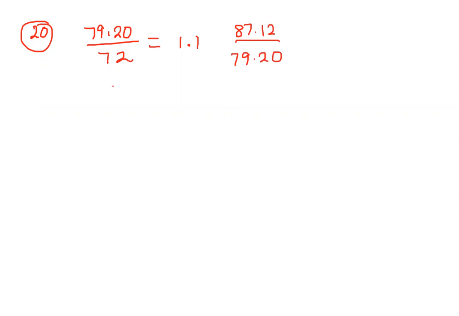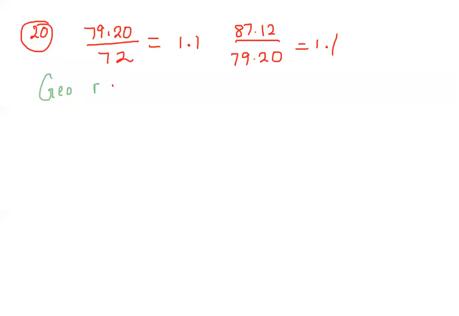All right, well, I told you that interest is probably geometric, so let's check it. 79.20 over 72 equals 1.1. And if you do 87.12 over 79.20, you get 1.1. So yes, this is geometric.